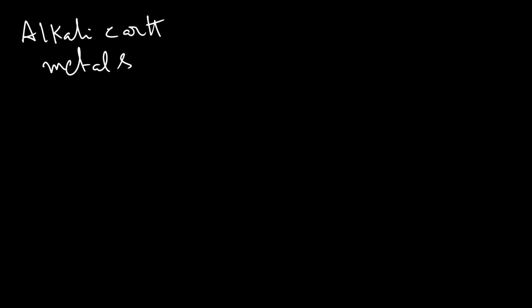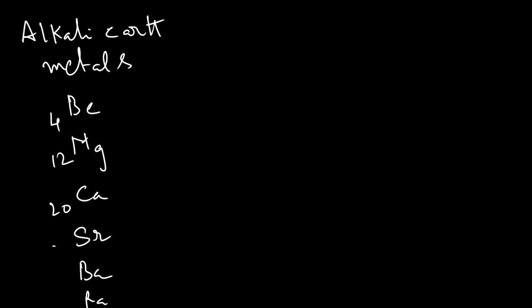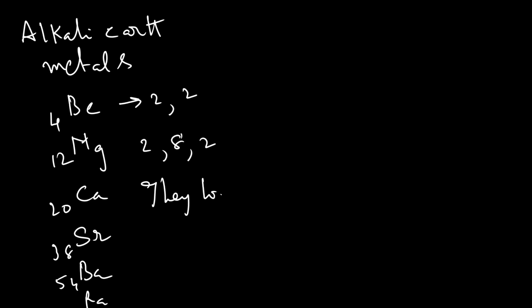Similarly, alkaline earth metals. What are the alkaline earth metals? Beryllium, magnesium, calcium, strontium, barium, and radium, with atomic numbers 4, 12, 20, 38, 56, 88. So 2 2, 2 8 2. Therefore, they lose 2 electrons.